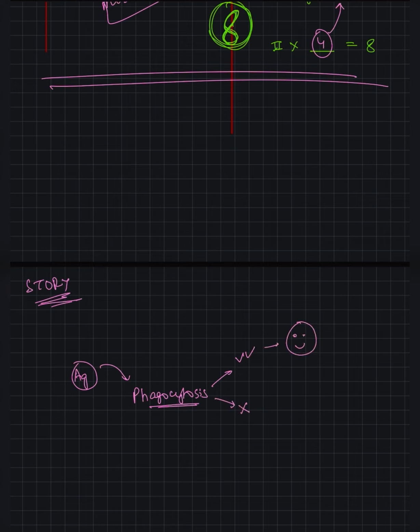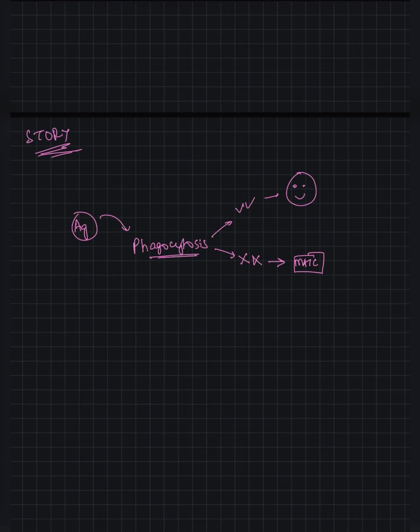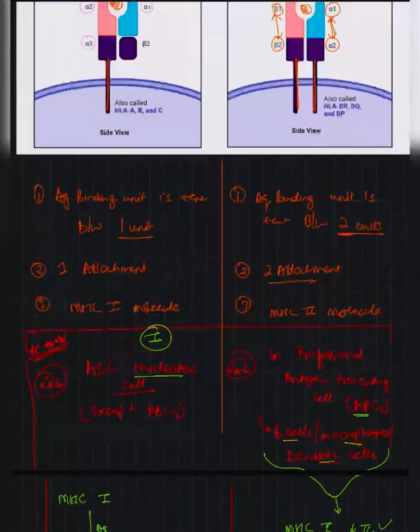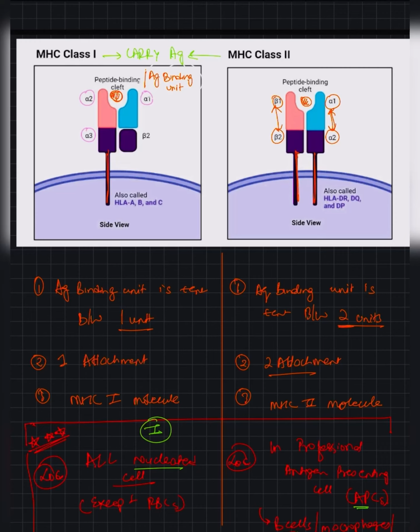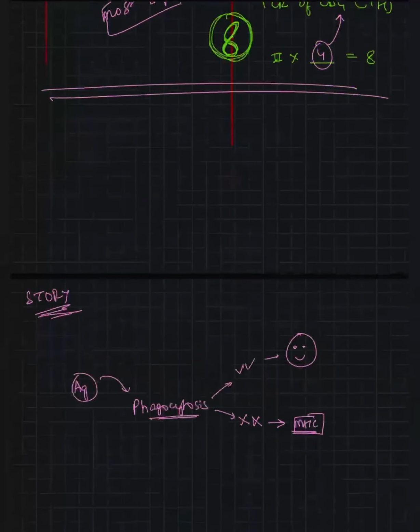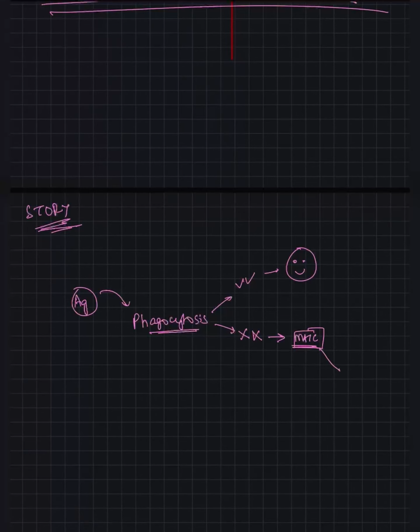But if it couldn't kill the antigen, then the MHC complex will take the antigen and go towards the acquired immune system.